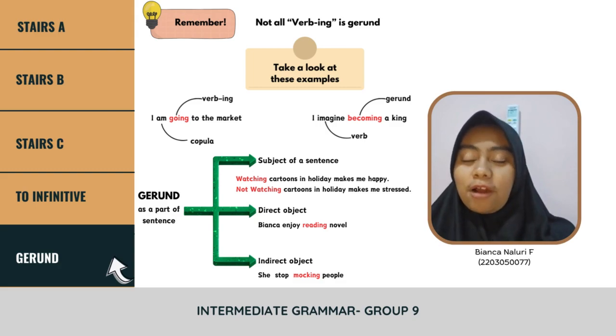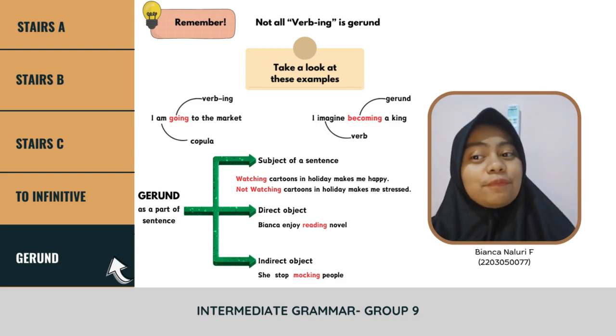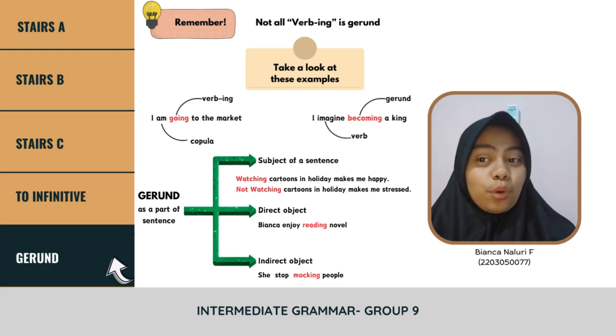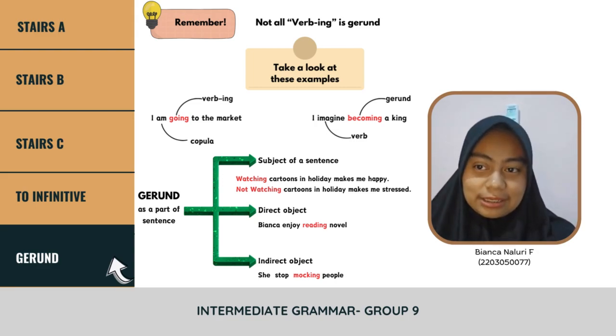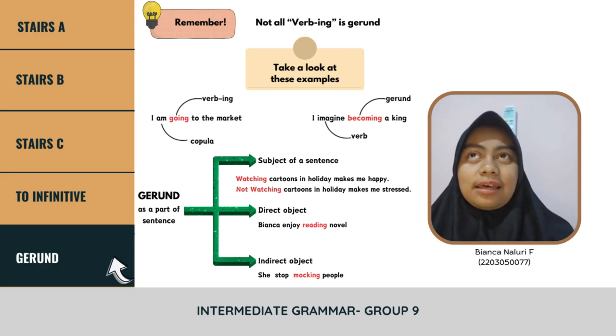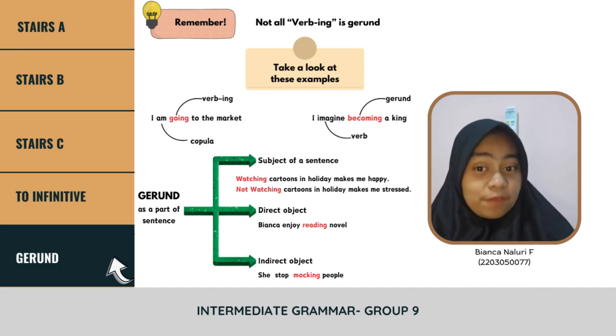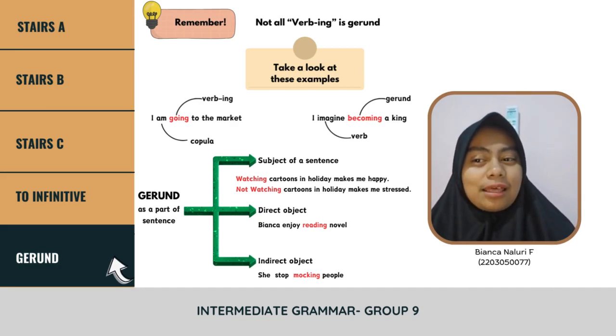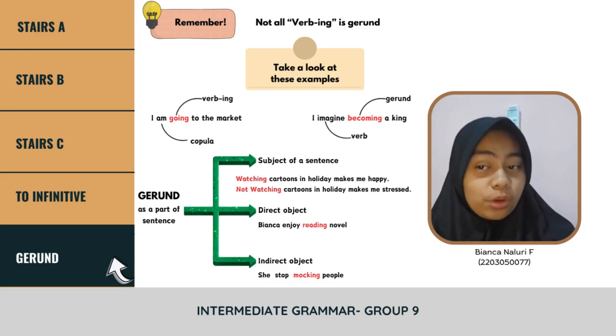And then after to be or after copula, we have the verb-ing. I am going to the market. Then to the market here is the adverb of place. So going here, could you guess whether the verb is a present participle or a gerund?